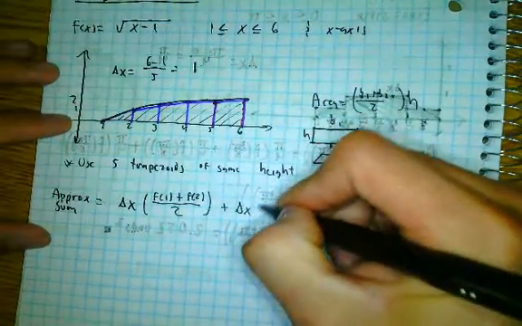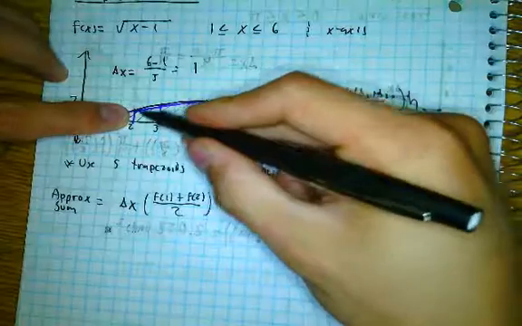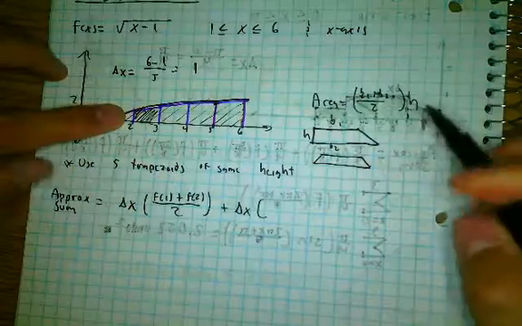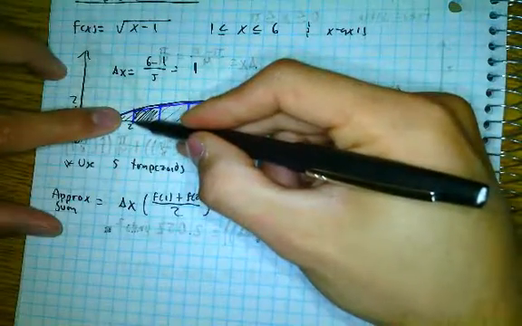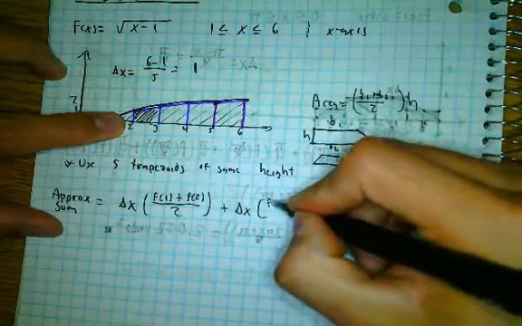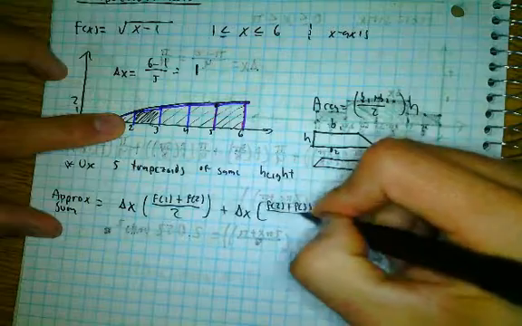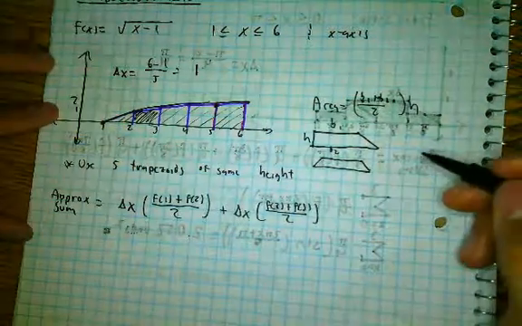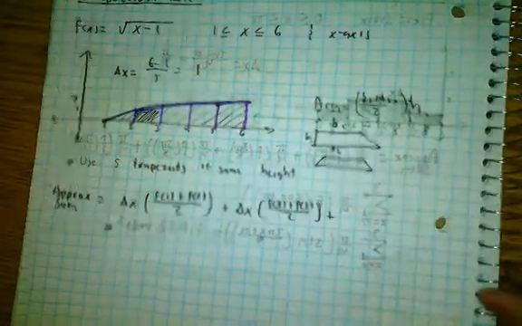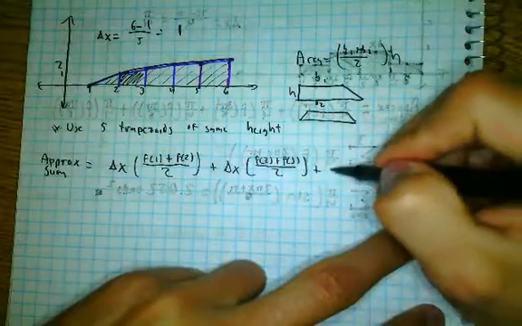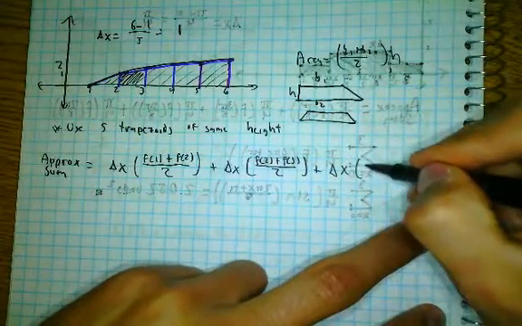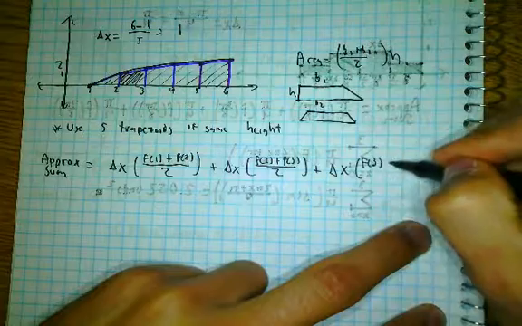Agreed? Plus delta x times f of 3 plus f of 4 divided by 2, plus delta x times f of 4 plus f of 5 divided by 2.